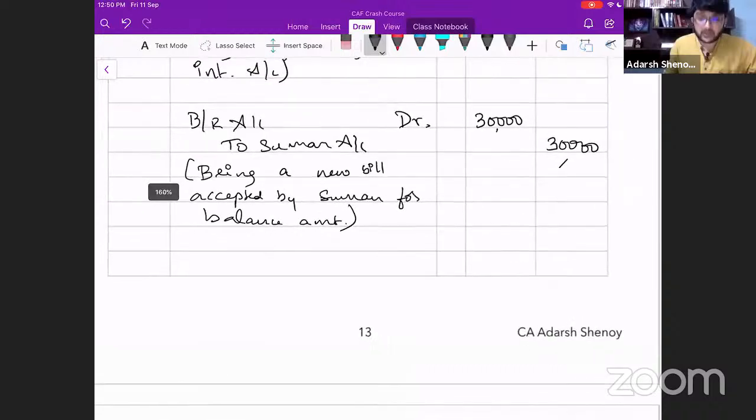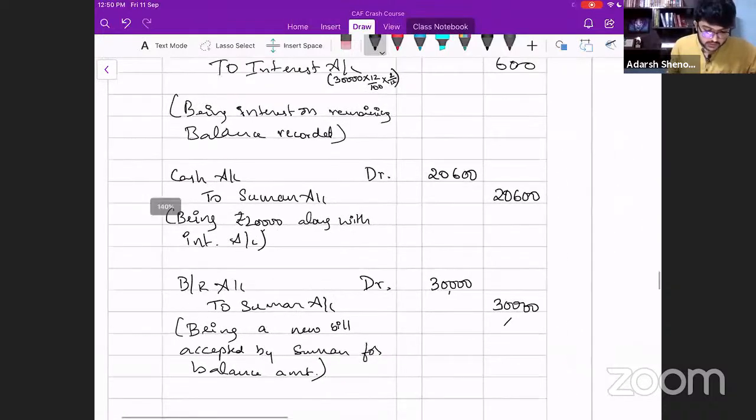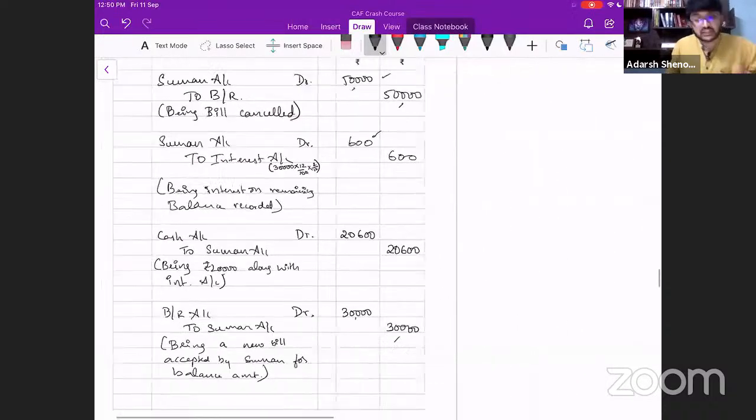Okay, I hope you have followed this. Now I will tell you how to pass one single entry. Instead of passing these many entries, we can pass one single entry. Let's see how we do it.